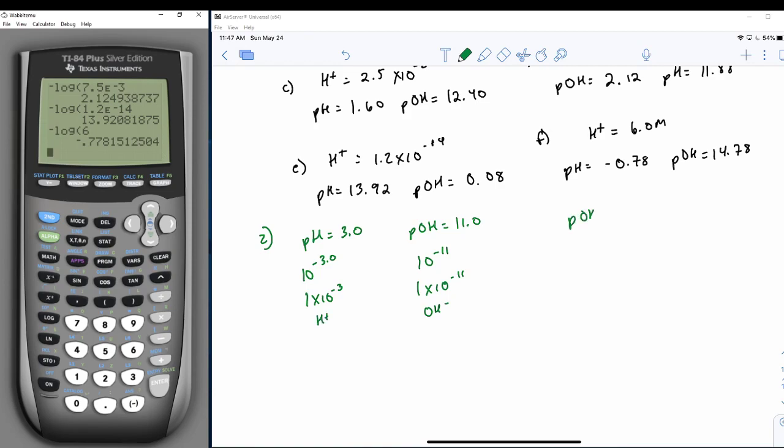For B, pOH is 2.60, so pH is equal to 11.40. So this is 10 to the negative 2.60, and 10 to the negative 11.40. 10 caret negative 2.60, and you get 0.0025.